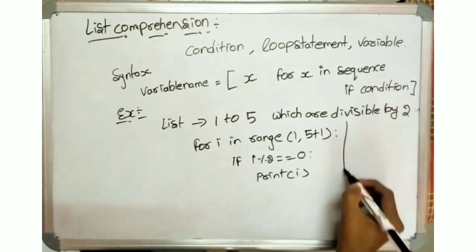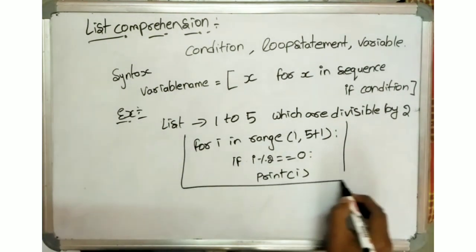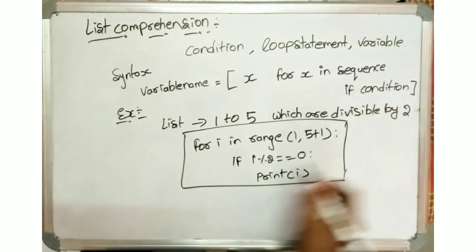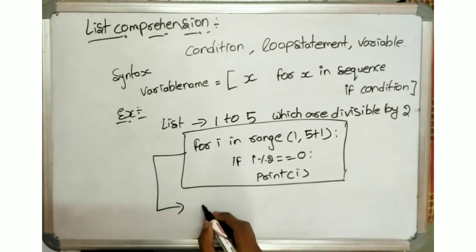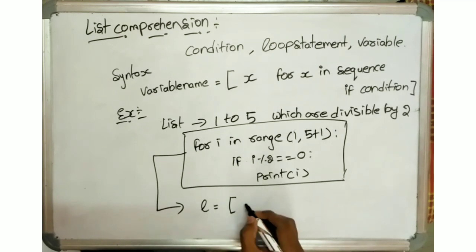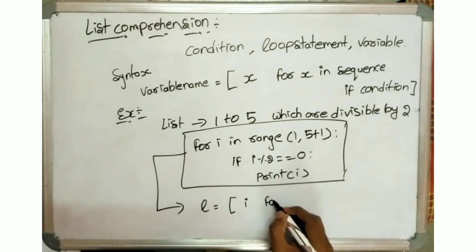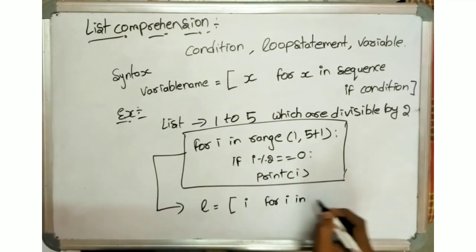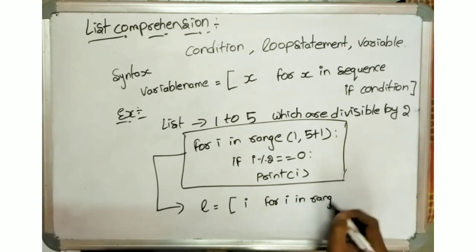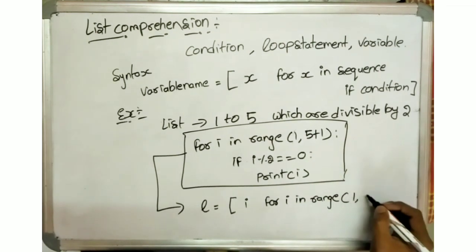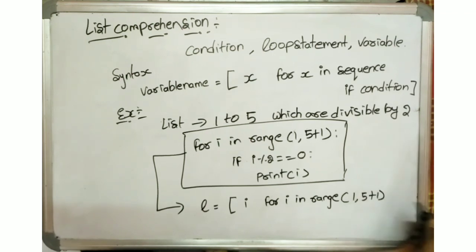But using list comprehension, we reduce this code into a single line. L equal to i for i in range of 1 comma 5 plus 1 if i mod 2 equal to 0.